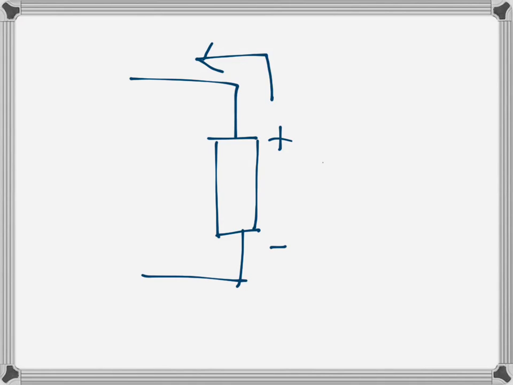The voltage drop is in this direction, and the EMF, electromotive force, is of course in that direction, and current is also in this direction. That means in this particular case current is coming out of the battery. If that source is a battery, that means power is supplied.